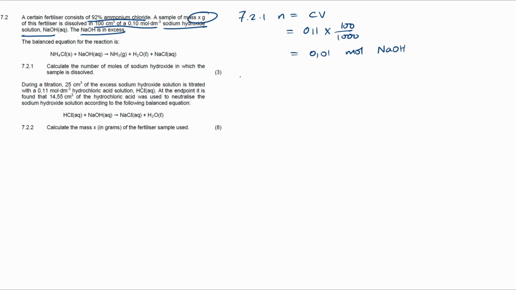They then tell us during a titration, 25 cm³ of the excess sodium hydroxide solution is titrated with a 0,11 mol/dm³ HCl solution. They tell us that they used 14.55 cm³ of the HCl and the endpoint was reached. They give us the reaction and they ask us to calculate the mass in grams of the fertilizer used at the beginning.